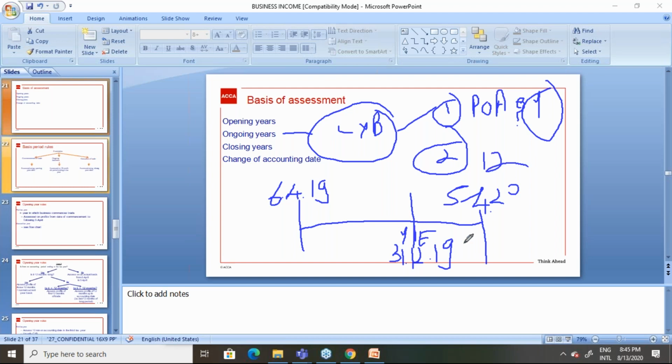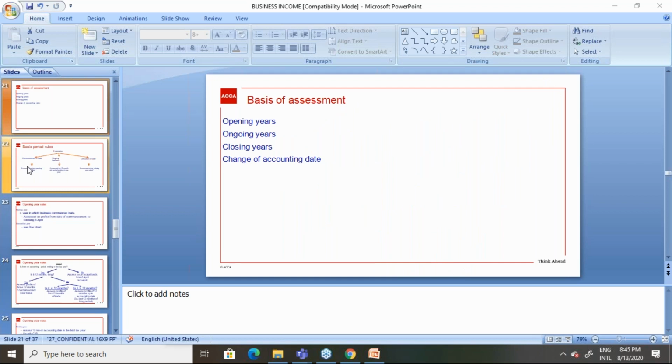In that case, the whole tax adjusted trading profit that you have calculated for the year ended 31st December 2019 must be taxed in the tax year 2019-20. That is what we call current year basis, applicable for ongoing businesses. However, if the business is a newly started business, then we have to apply some special rules.